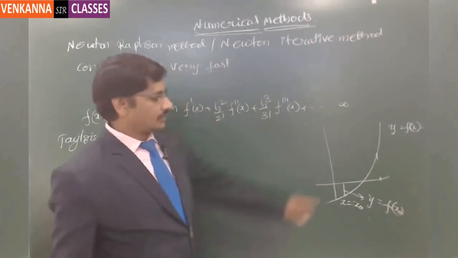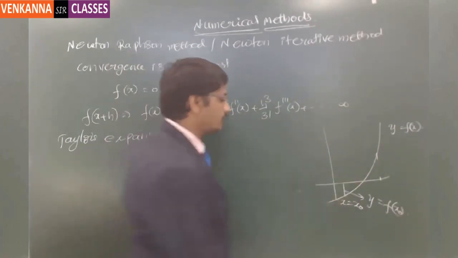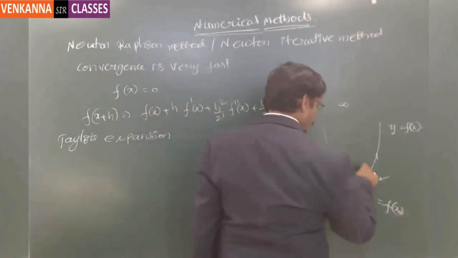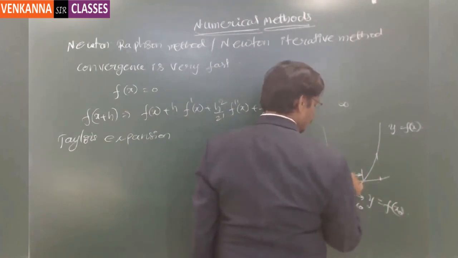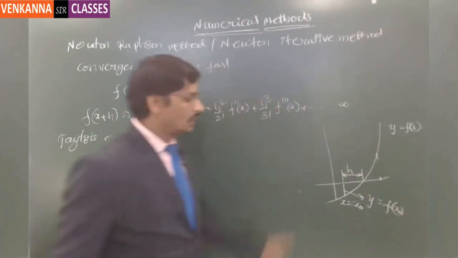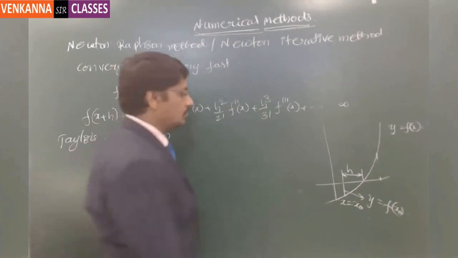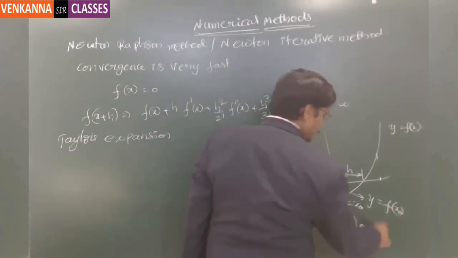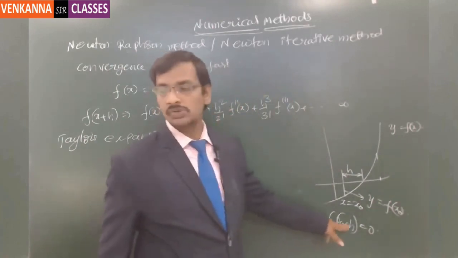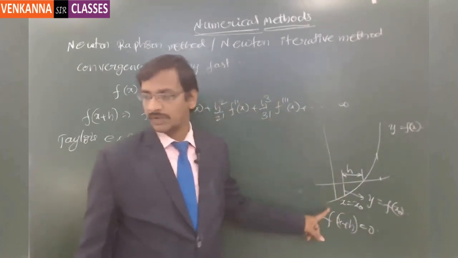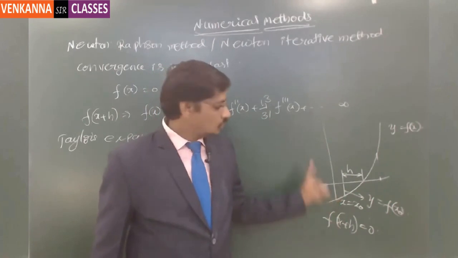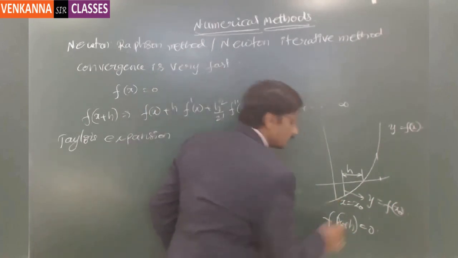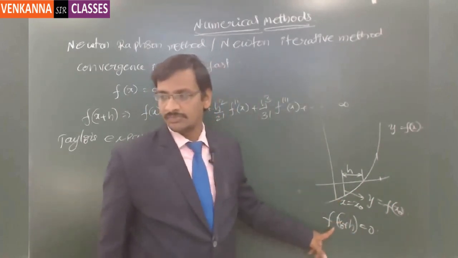But there is a distance of h from this location where you can get the solution. So this is the h value. Now if f of x plus h is equal to 0, then this is the solution of this equation f of x, where the solution is located at a distance of h from x naught.